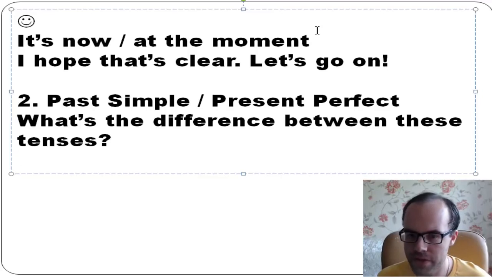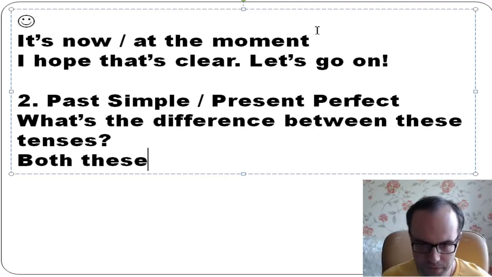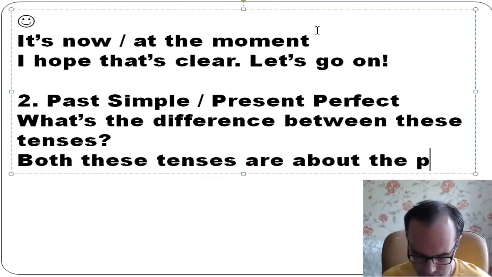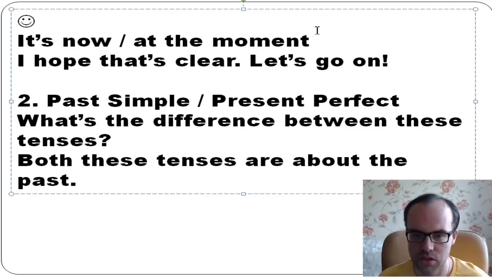Okay? So past simple and present perfect. So both these tenses are about the past.